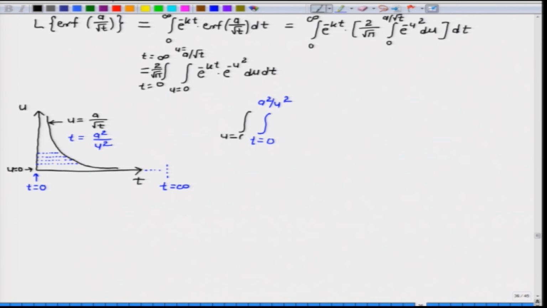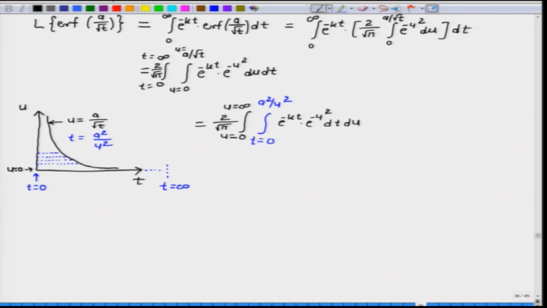So, u equal to 0 to u equal to infinity, and the integrand is e to power minus k t times e to power minus u square dt du. We have changed the order of integration, and there is also a factor of 2 over root pi outside. So, let us try to evaluate this inner integral now.